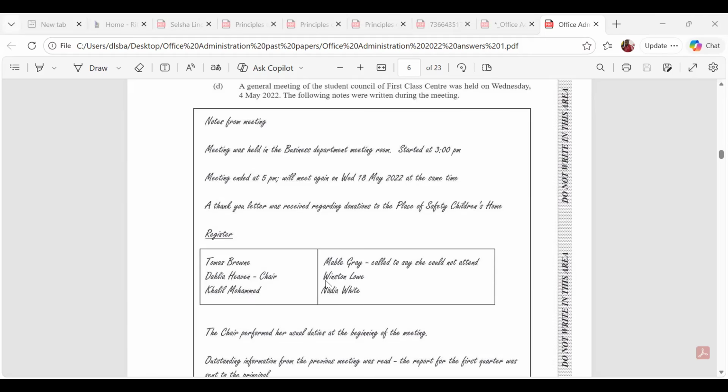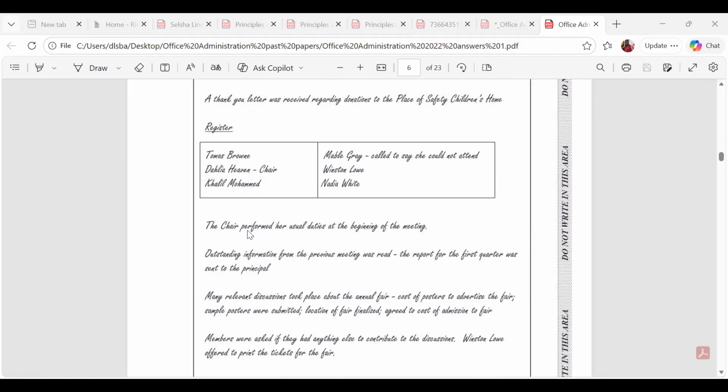So these five people were present, and we see who wasn't there. The chairperson performed her usual duties at the beginning of the meeting, which would be asking the secretary to read the minutes from the previous meeting, and then asking what matters are arising. Outstanding information from the previous meeting was read.